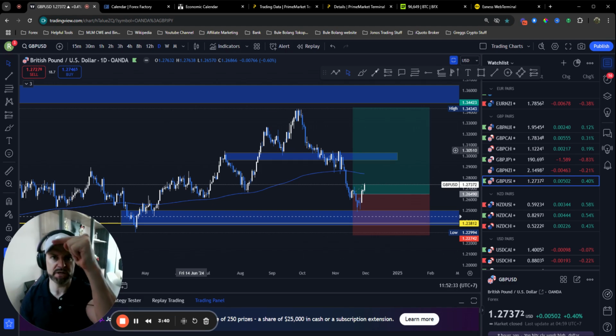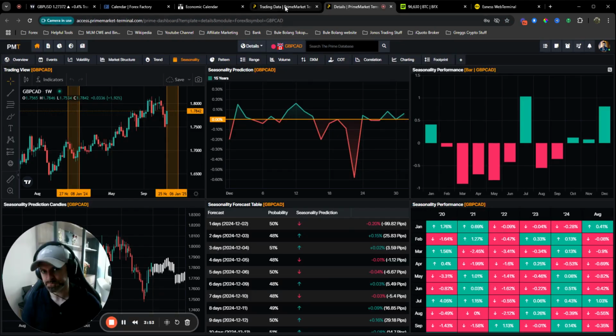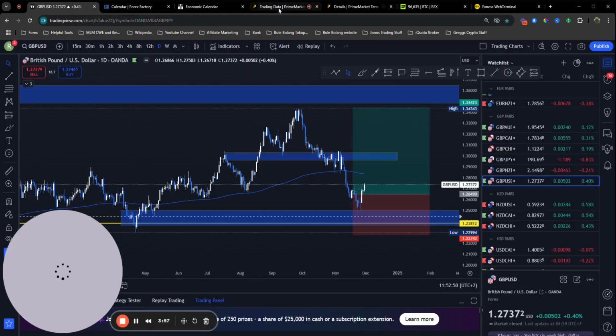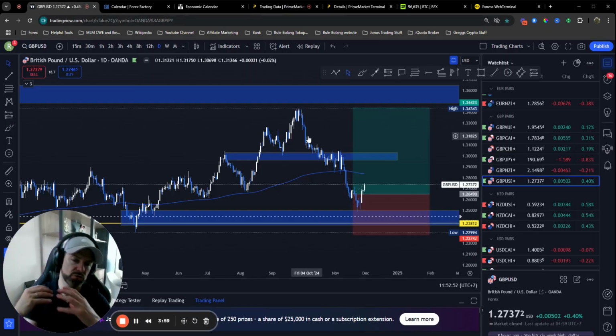Now, of course, the markets will come down, which you may look at and say, well, that's sells. That's actually not sells. That's simply markets pulling back. What you'll find is if you look at data on platforms like this, Prime Market Terminal, where it shows you where the banks have their holdings. Do they have their holdings in USD or CAD?